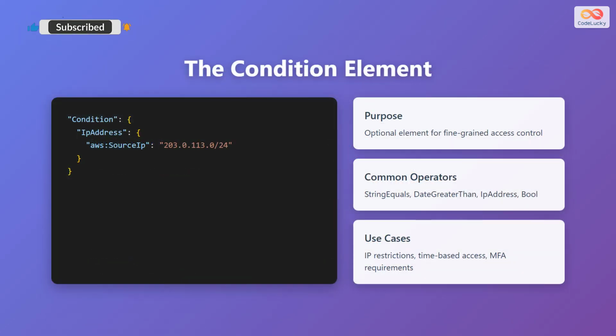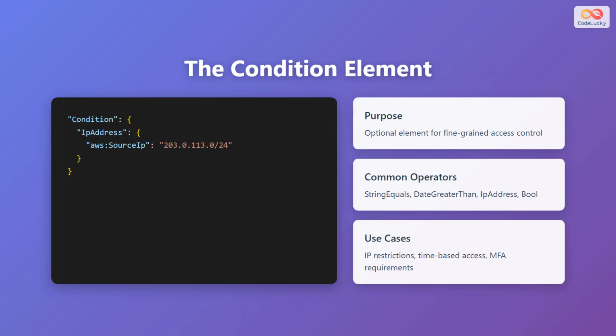The condition element is an optional but powerful component that enables fine-grained access control. Conditions allow you to specify circumstances under which a policy statement is in effect. Common condition operators include StringEquals for exact text matching, DateGreaterThan for time-based restrictions, IpAddress for network-based controls, and Bool for true or false checks.